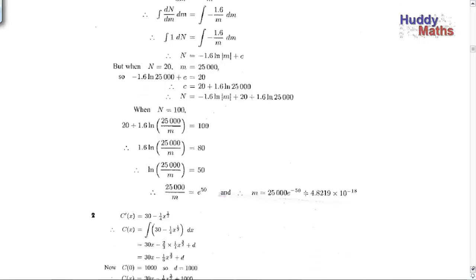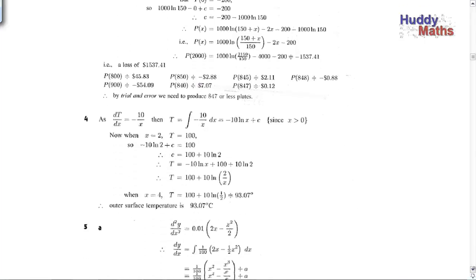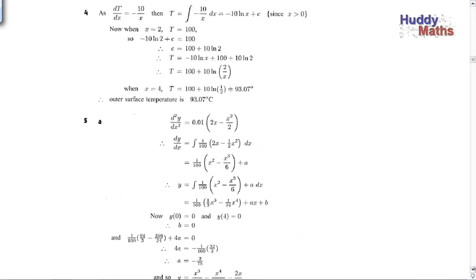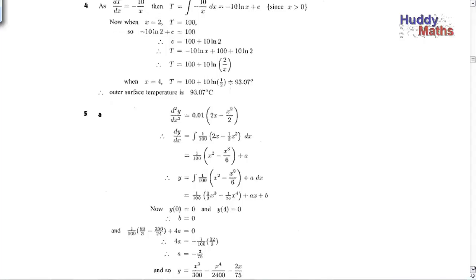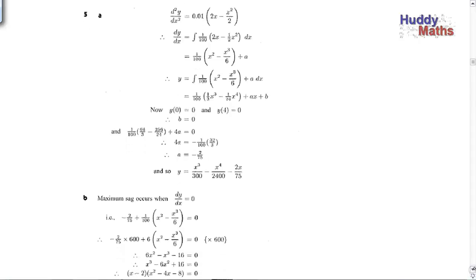Let's have a look at question 2, 2 and 3. Funny numbers, you'd expect that in practice. 4, and we get 5, or 4 and most of 5. 5, we'll just try and get B there, not 5A.